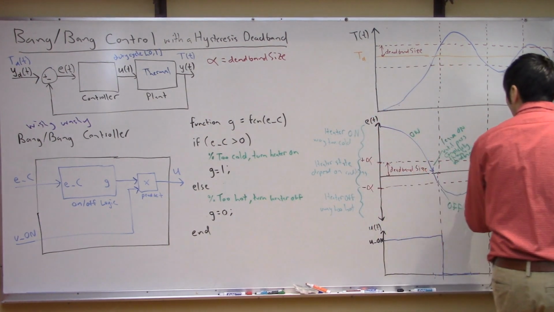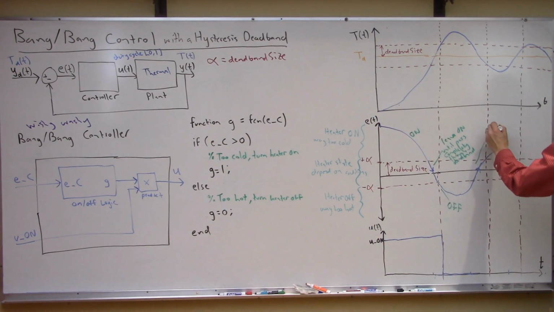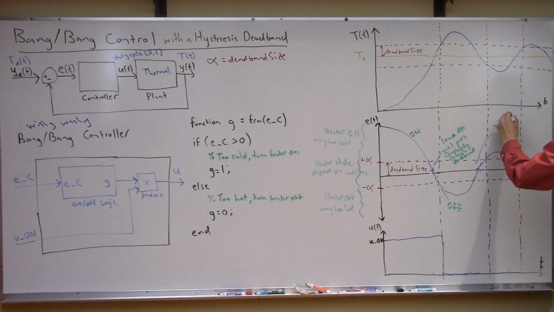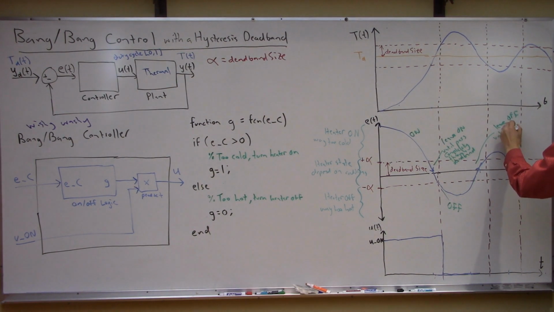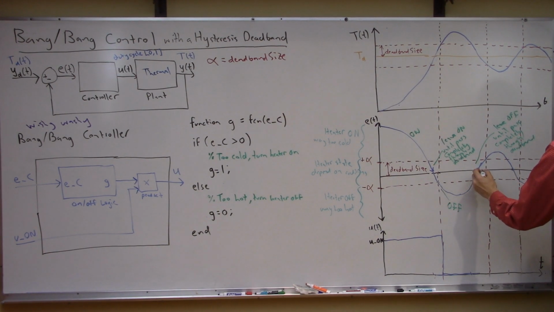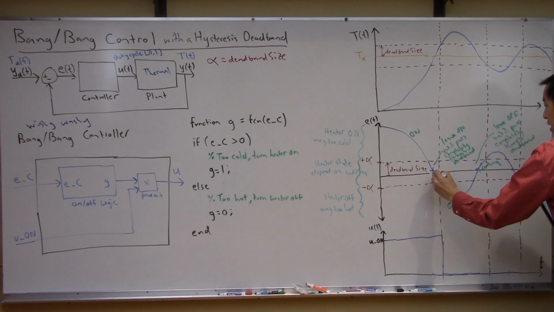So this part right here, again, we are going to leave in the off state until we pass completely through the deadband. Down here you can think of this as the cooling cycle, and over here was the heating cycle.